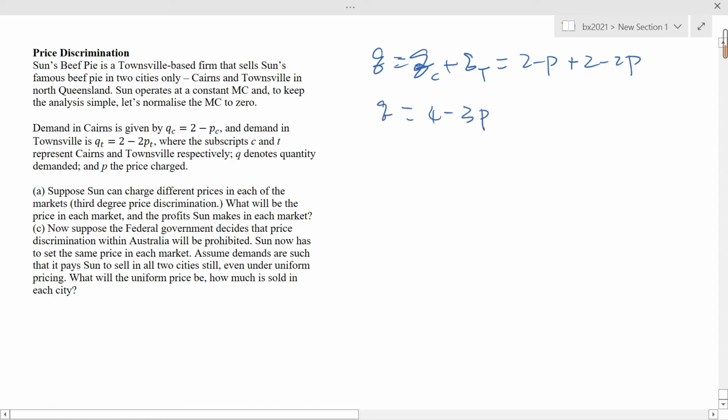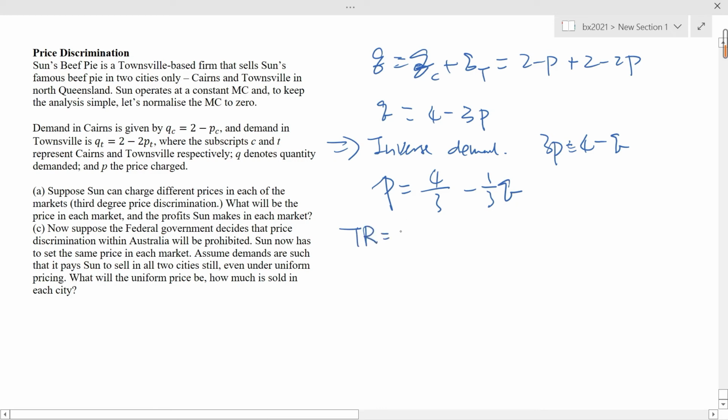So that's Q. Get the inverse demand: 3P is 4 minus Q, or P is equal to 4 over 3 minus 1 over 3 Q. Total revenue is P times Q, so it's 4 over 3 Q minus 1 over 3 Q squared.